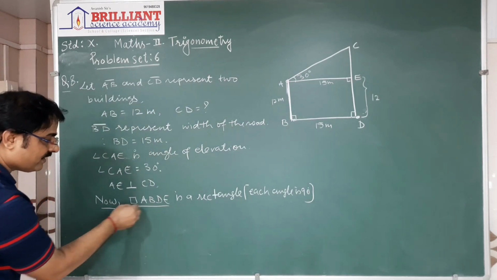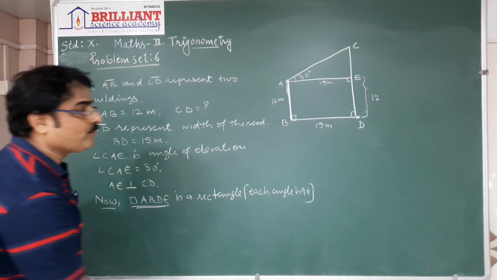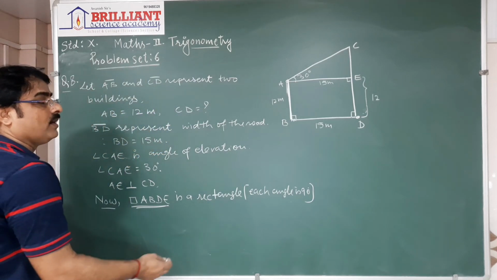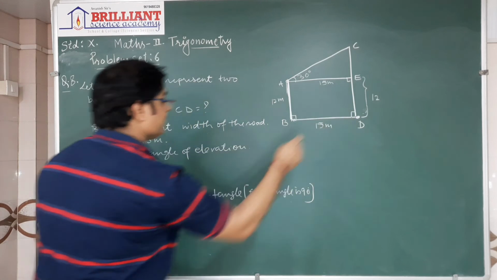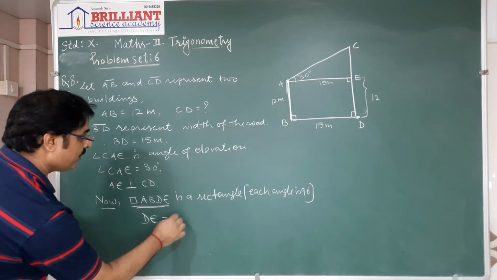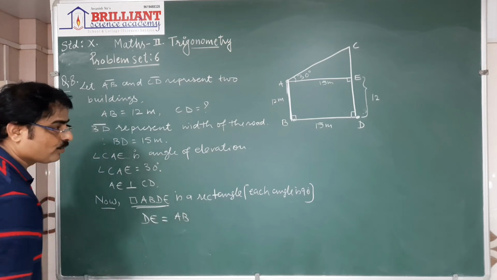Now if this is a rectangle, then its opposite sides are congruent, or you can say equal. So this DE is equal to AB. Are you clear?